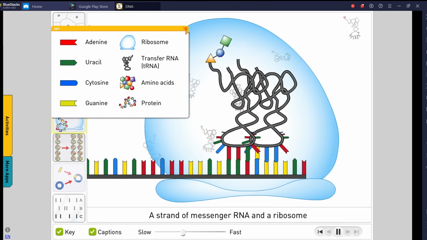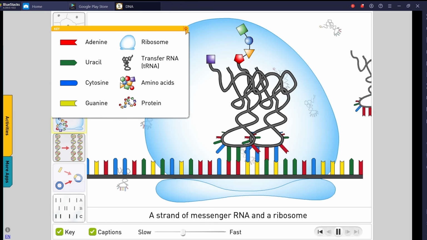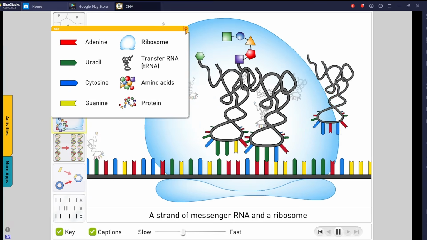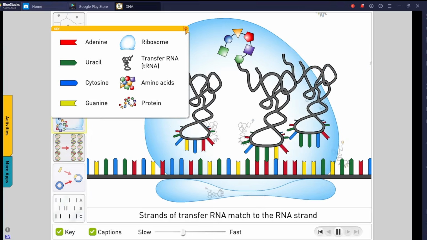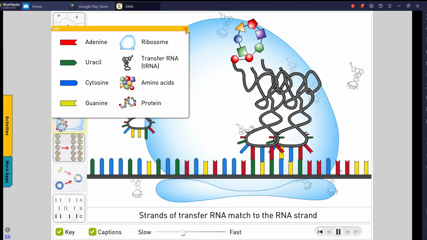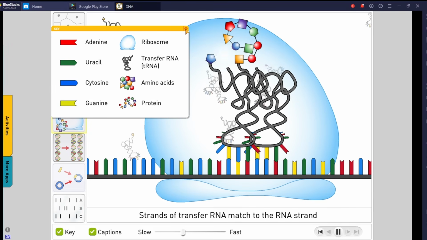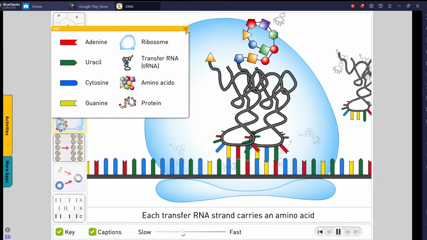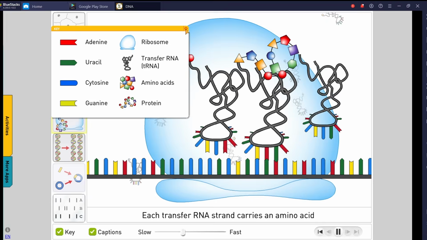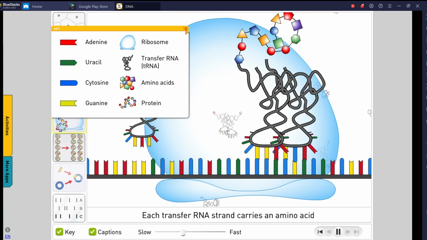So let's watch the whole process. So makikita natin na dumadami na at humahaba itong mga amino acids which will become peptides and eventually the protein.